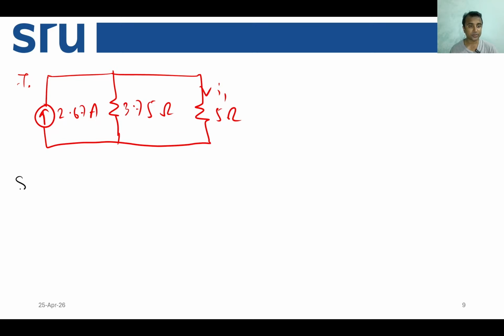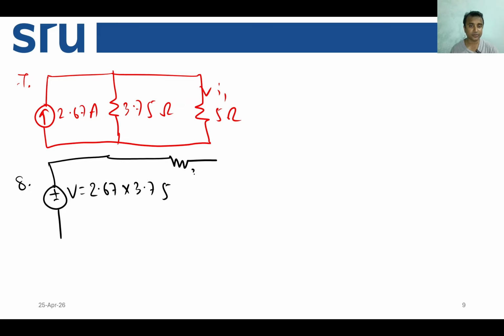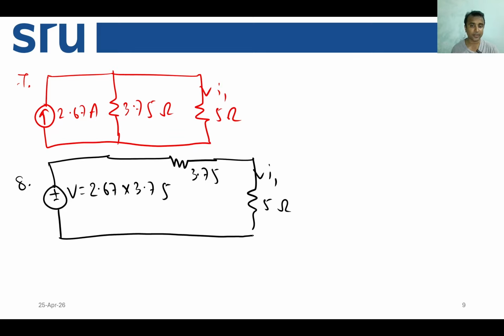The voltage source should have a voltage of 2.67 times 3.75, and there will be a series resistance of 3.75, and then you have the target resistance of 5 ohm, and you are actually done.